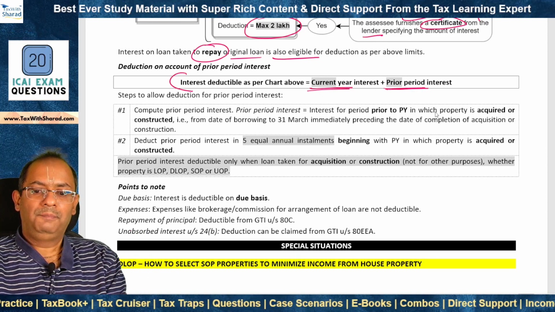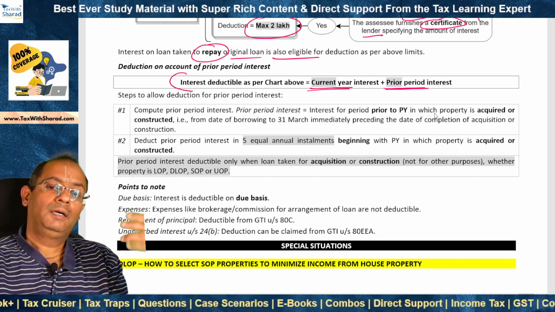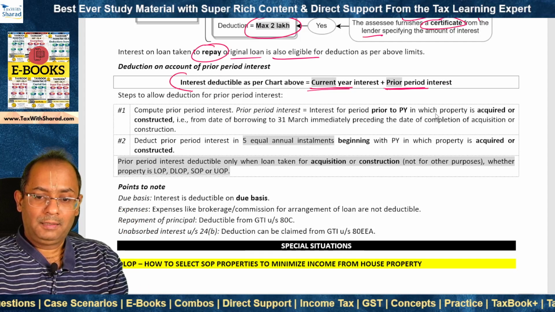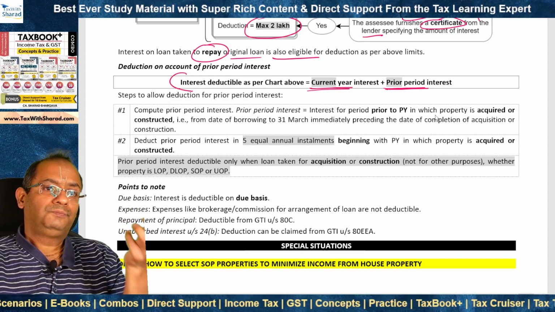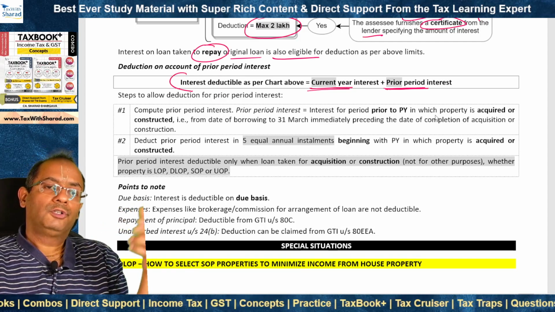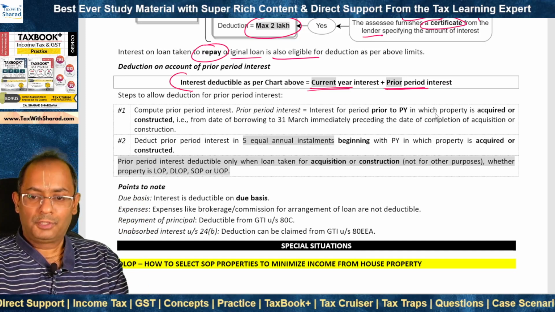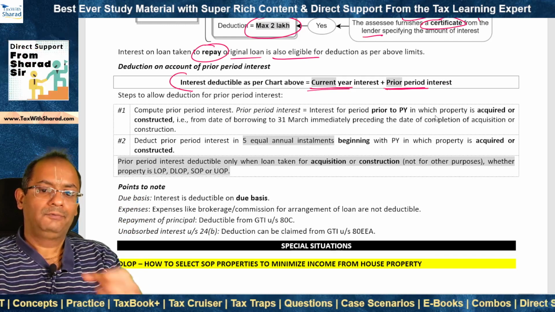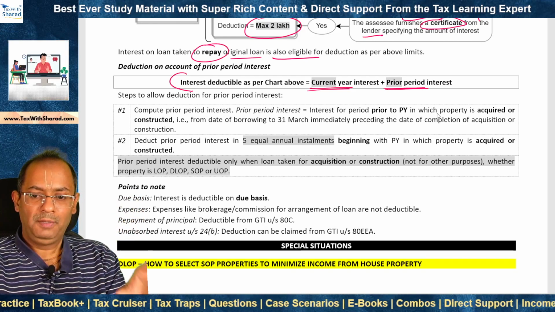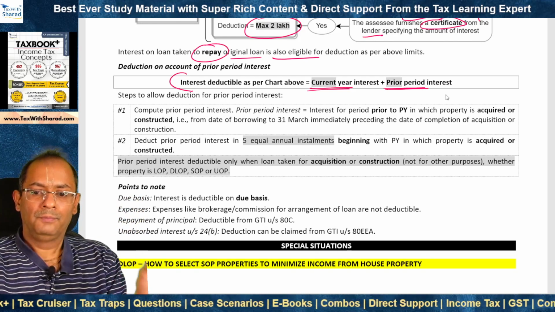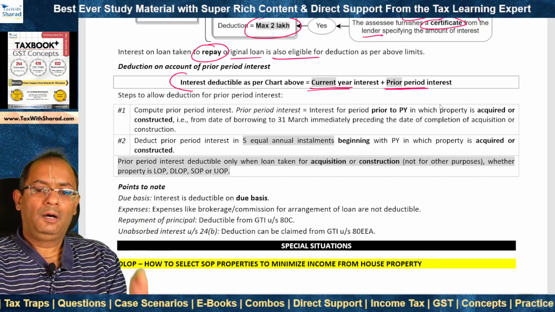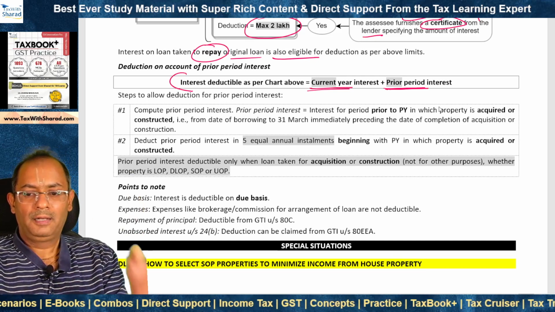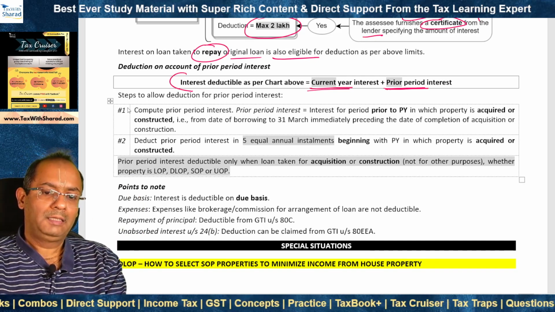Current year interest for the current previous year, prior period interest for the preceding previous years, which was not allowable as a deduction because the property was not in existence in that year because construction was ongoing, for example, and therefore the income was not taxable under the head IHP, and consequently no deduction was allowed for that prior period. But now when the property gets acquired or when the construction gets completed, now prior period interest becomes deductible. So what are the steps?